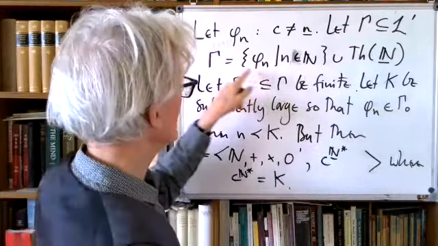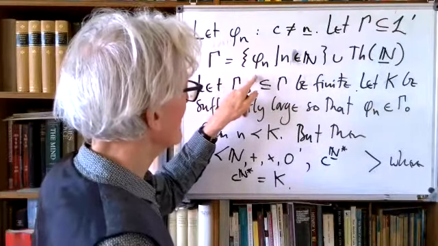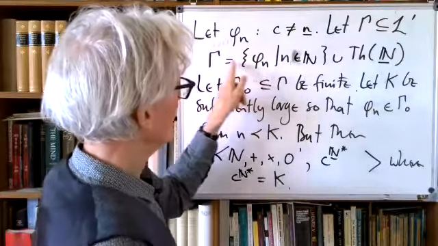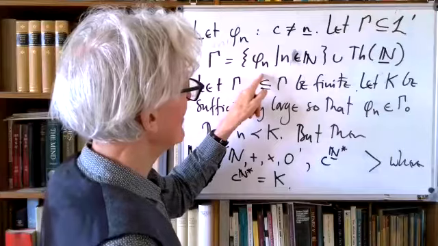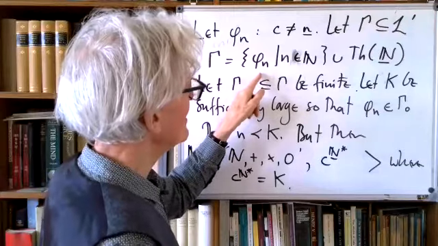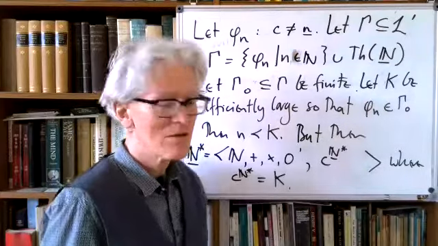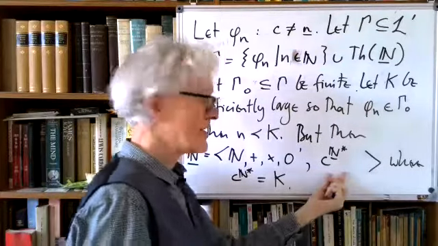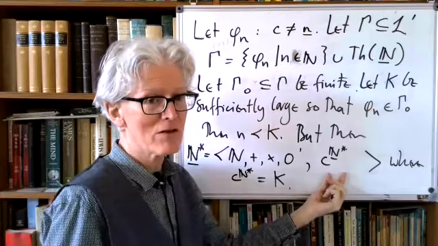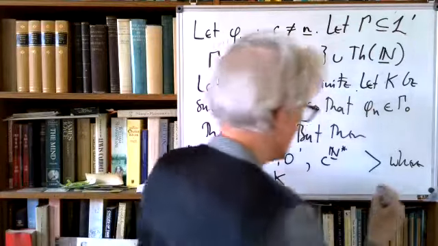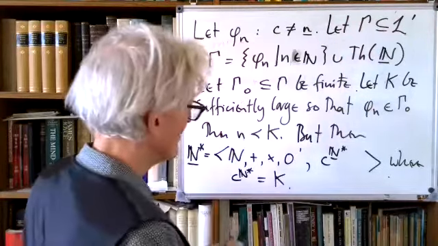Then the things that can mention C, there's only finitely many of them. But all the things that are there can only say that the interpretation of C is different from the n's which are less than k. So that's perfectly true here as well. So the conclusion follows by the compactness theorem.